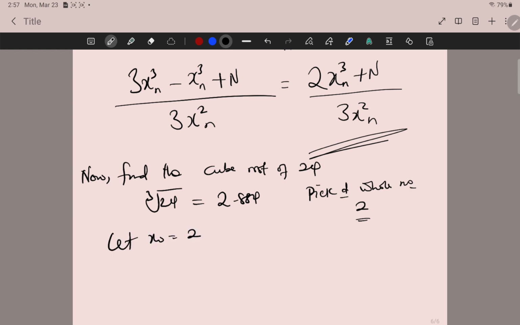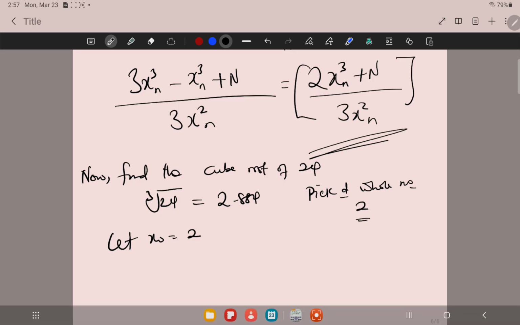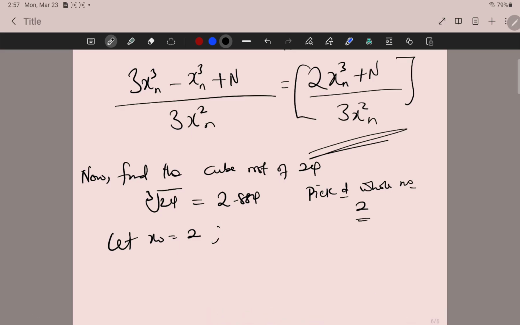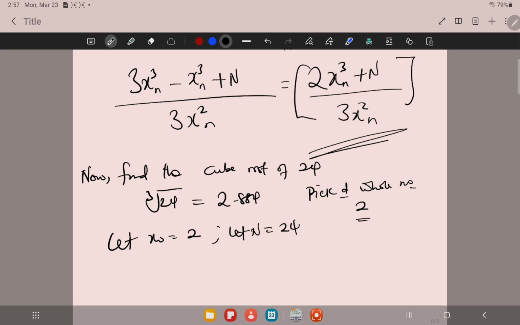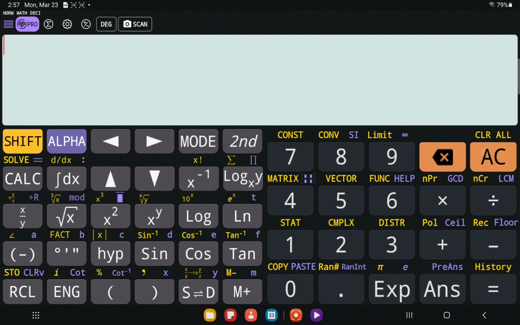So I'm going to write this particular thing on your calculator: 2x cubed plus 24 divided by 3x squared, note that your n is 24. So a fraction sign, 2x cubed plus 24 divided by 3 times x squared.